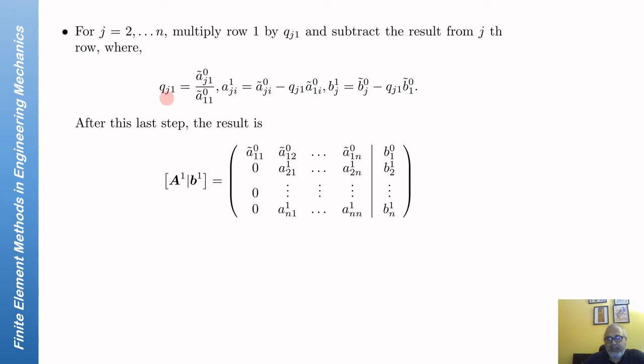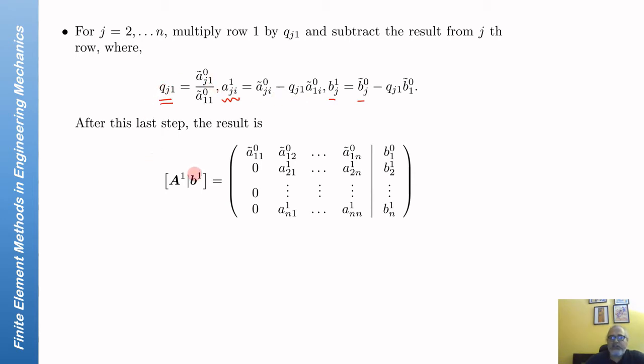So this is what we will do. We will find a factor Qj1, which is Aj1 tilde by A11 tilde, 0 being the original, and then we will subtract from every Aj. We will get after the first elimination. That's what this one indicates. We will multiply the row above with Qj1, subtract it from the row below, and we will do the same thing to get B1. We will take the value of Bj0 and subtract it from the rows below.